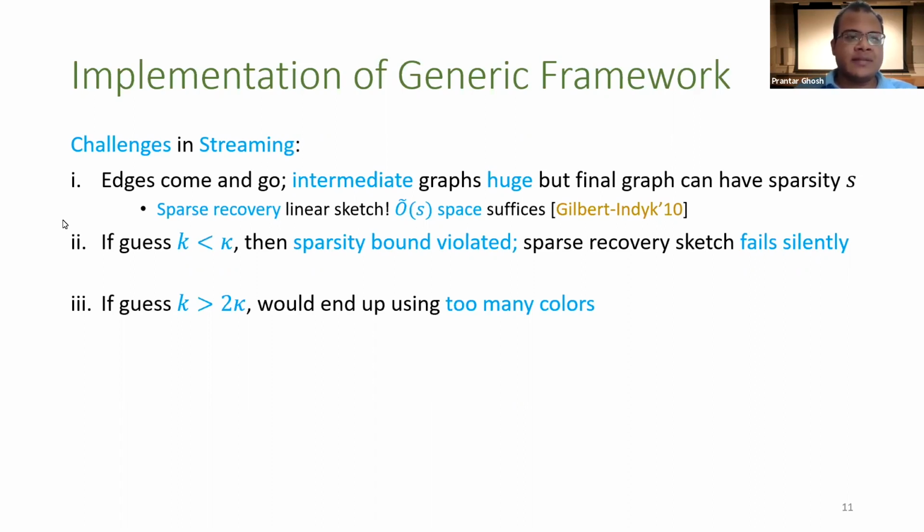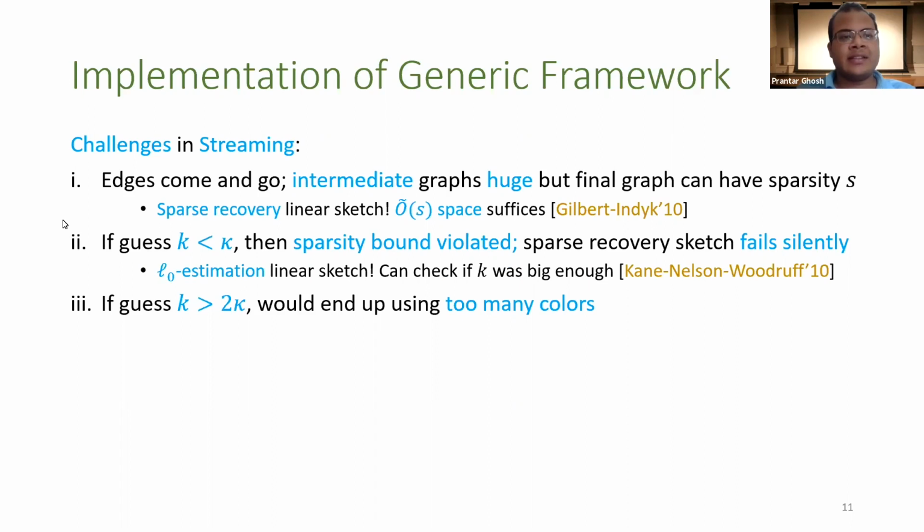To circumvent this, we keep an L0 estimation sketch in parallel that counts the number of monochromatic edges and finally checks if our guess kappa was actually big enough. We can use the L0 estimation sketch by Kane et al. Also, it may happen that our guess is too large, and as a result we would end up using too many colors.